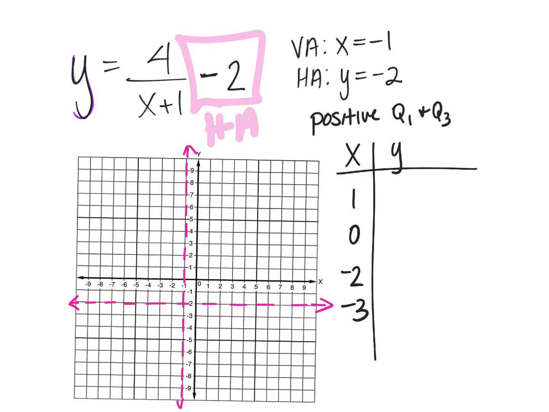Our asymptote's in here at negative 1. Okay, so we did the same thing with parabolas. We found the vertex, and we picked 2 numbers smaller and 2 numbers larger than the vertex. So we got both sides of the symmetrical graph. All right, so take a second and plug them in and see what values you get. Okay, so let's plug it in and see what we get.